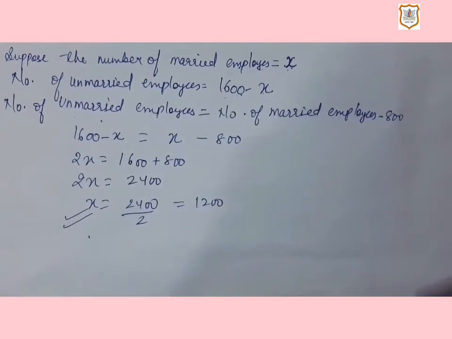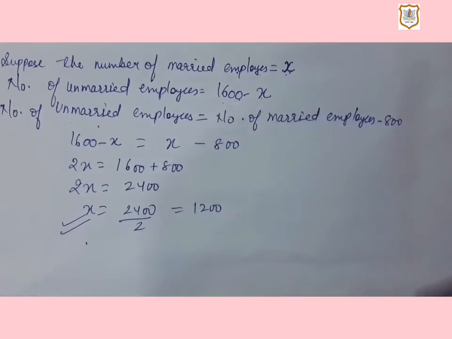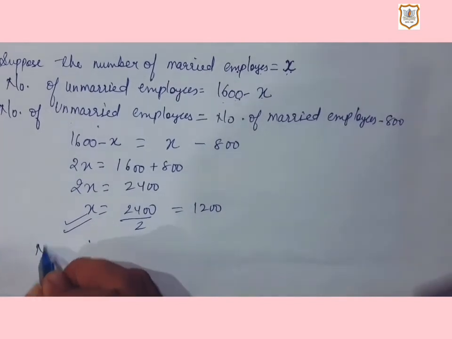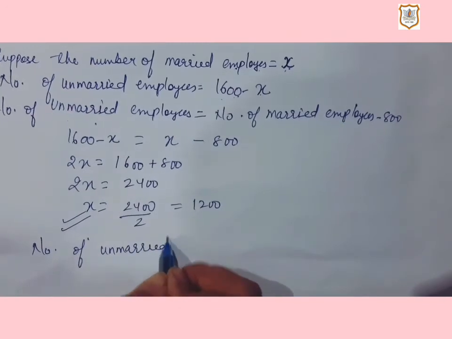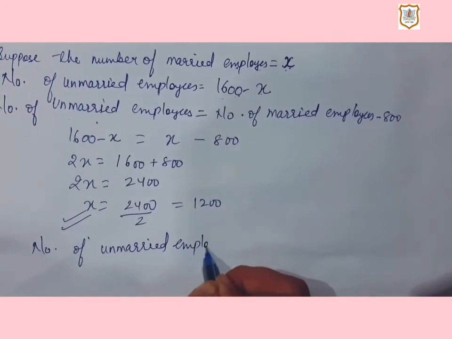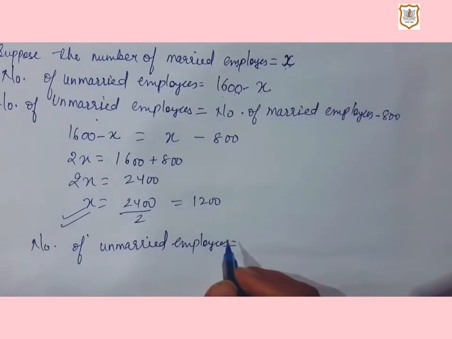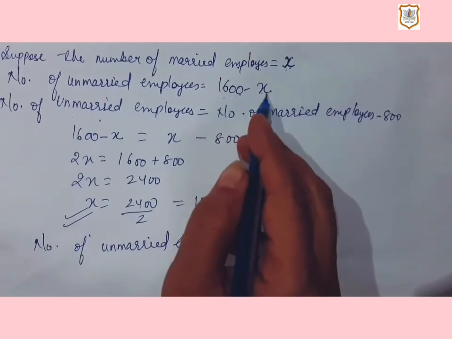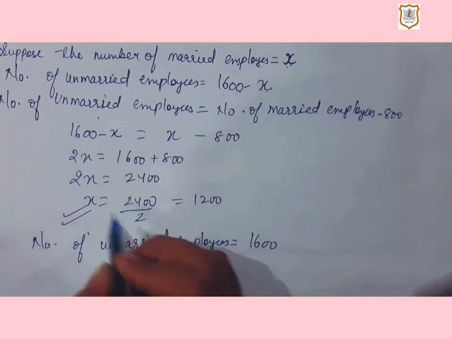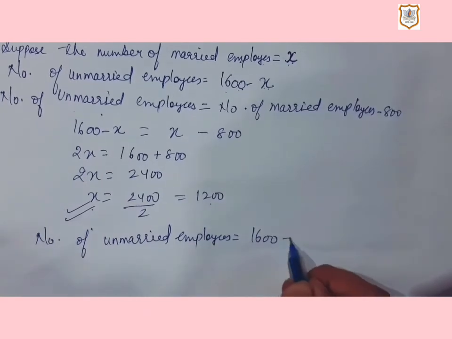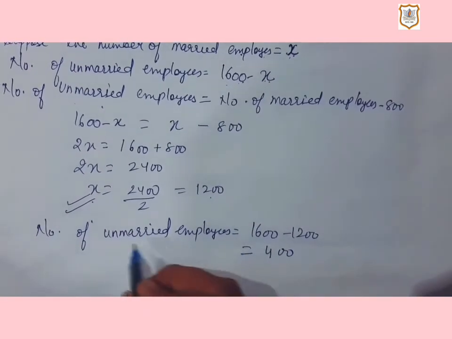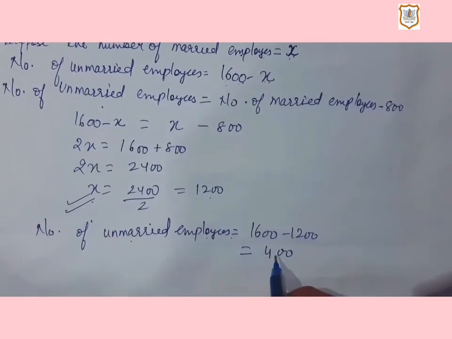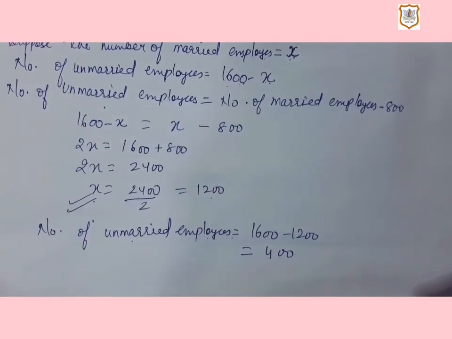Now as we know the number of married employees, we can also come to know the number of unmarried employees. 1600 minus X, that means 1600 minus 1200, that will give you 400.